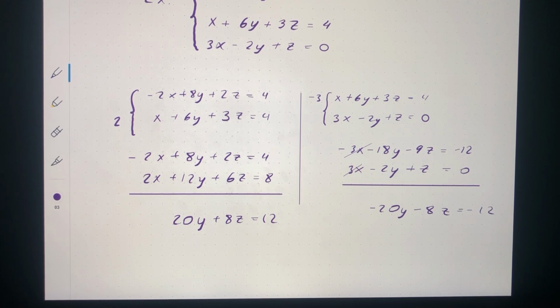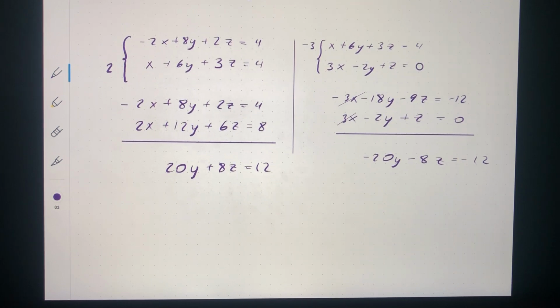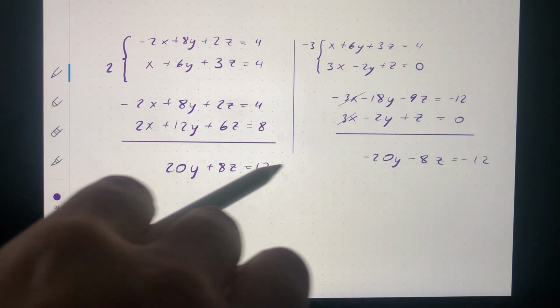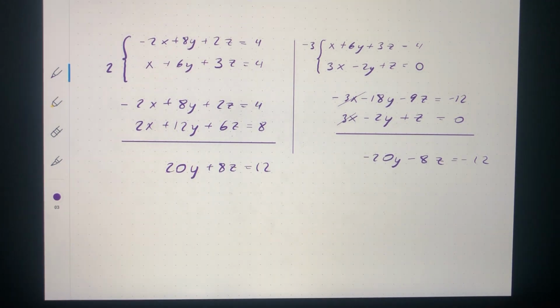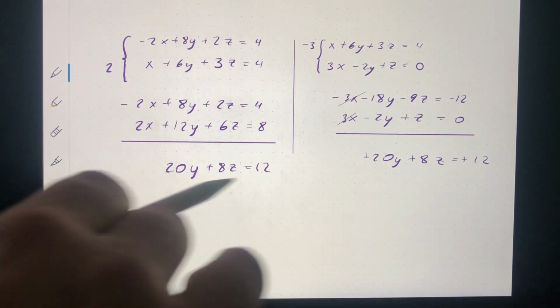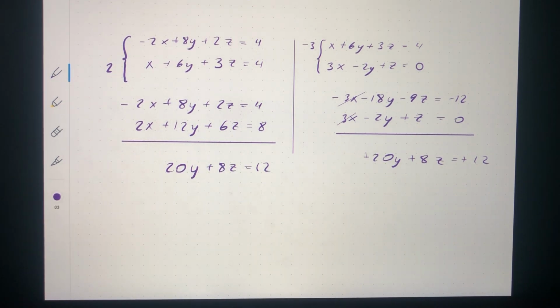So we see our two equations, and if we write them next to each other, we see that they're exactly the same actually, because if we multiply the second equation by -1, all the signs will switch and we get precisely the same equation as the first, which means we have infinitely many solutions.